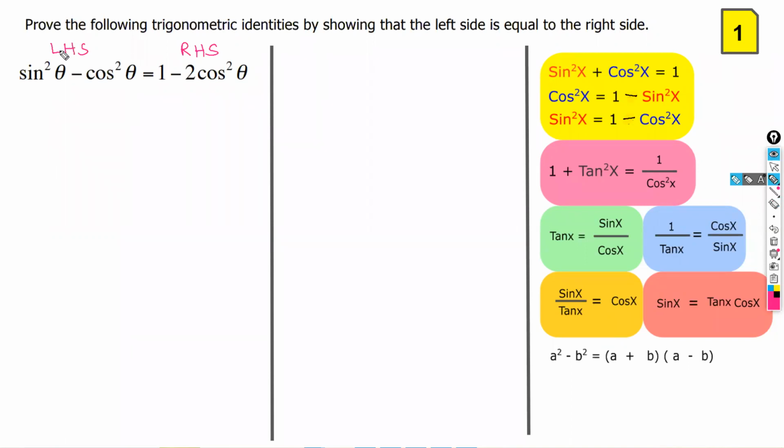It just so happens that the left-hand side looks a little more complicated because it has more squares. Make a note to tell the examiner that you are choosing the left-hand side. So physically write it in. The examiner will know you are focusing on the left-hand side and leaving out the right-hand side for the time being.